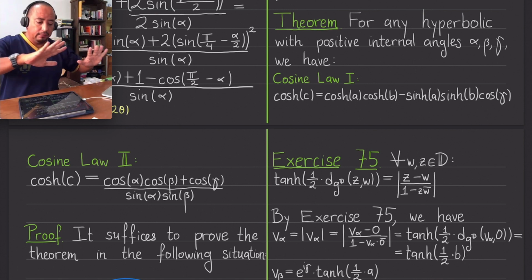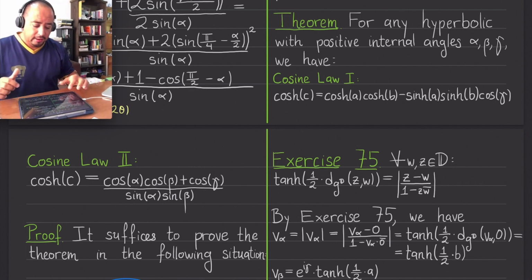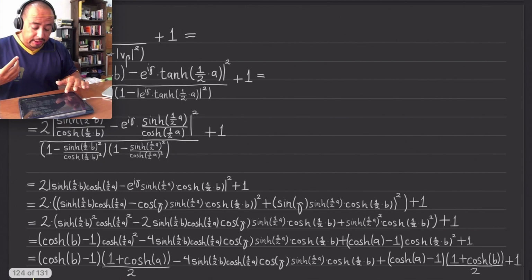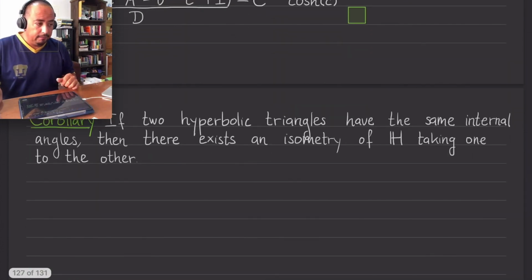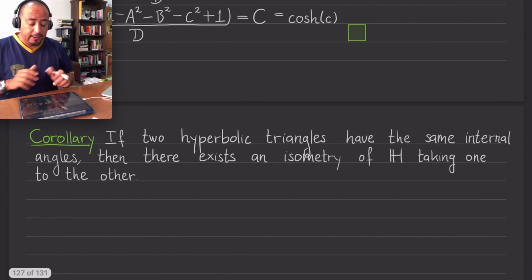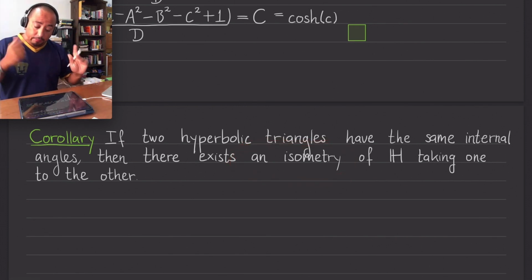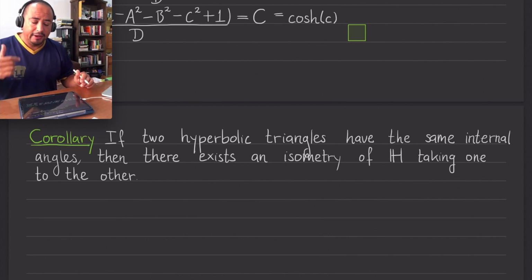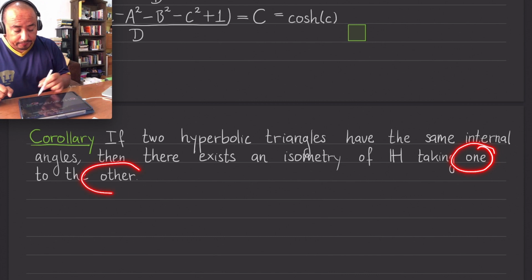If the internal angles of the two triangles coincide, not only do the sides have the same length, but they are congruent in a stronger sense, namely there exists an isometry, maybe orientation reversing, taking one of the triangles to the other, right?